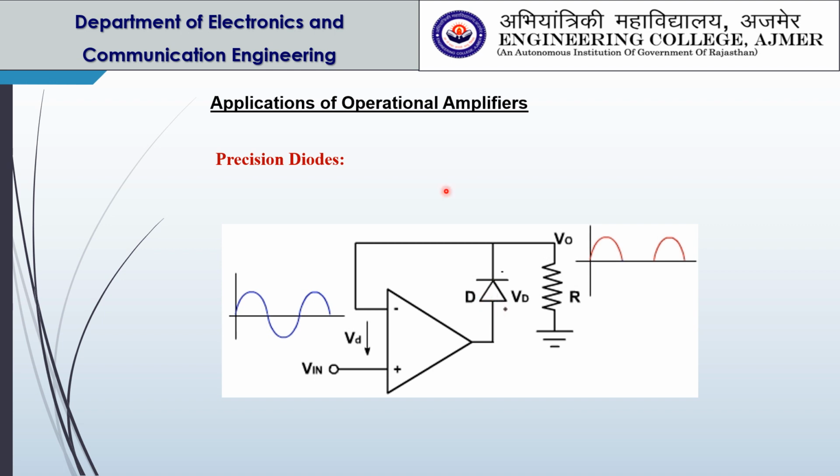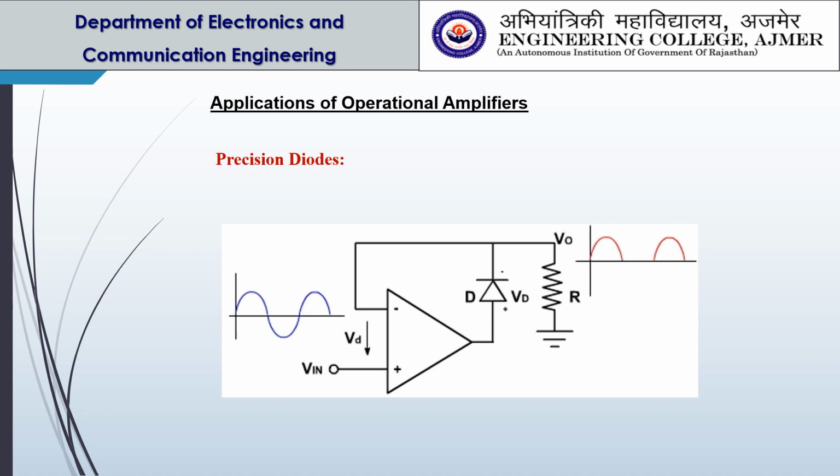So if a sinusoidal signal whose peak value is less than the threshold or cut-in voltage Vd is applied to the conventional half-wave rectifier circuit, the output will remain 0.